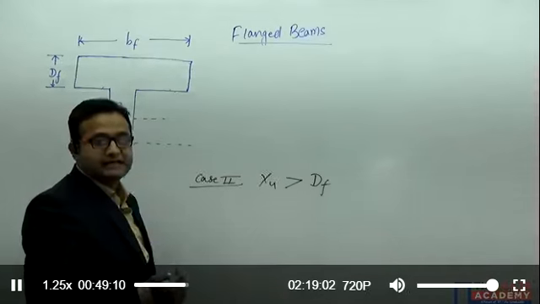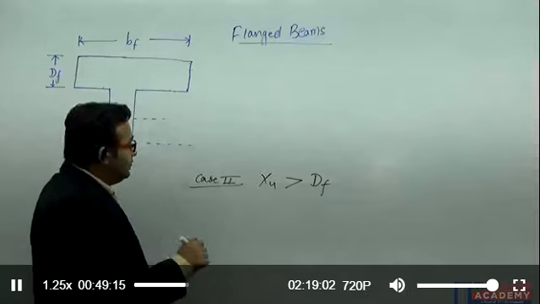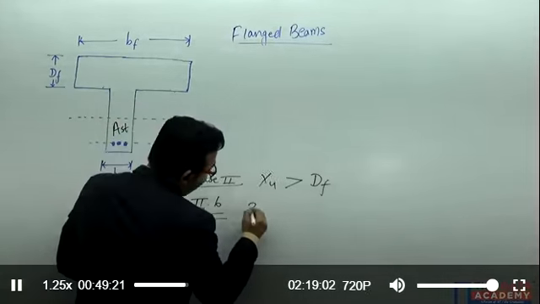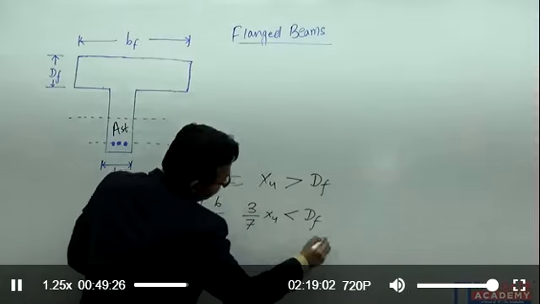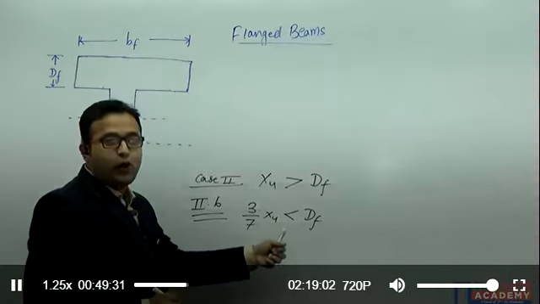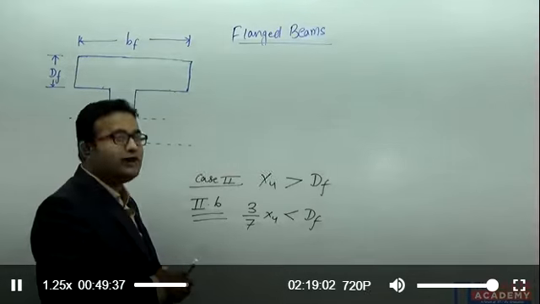So there are two sub cases. In 2.A we have seen that 3/7 of xu is greater than the depth of flange. Now case 2.B is where 3/7 of xu is less than the depth of flange. In case 2.A it was greater than or equal to the depth of flange, but in case 2.B it is definitely less than the depth of flange. So what will happen? Let's see.